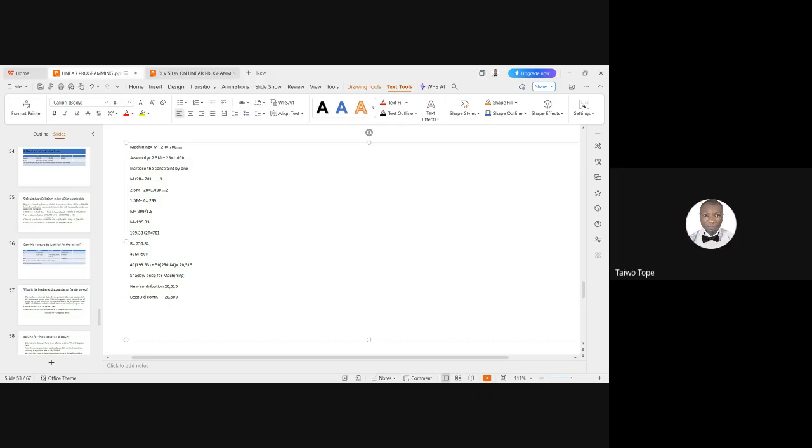That is the concept of shadow price, because it can be elaborated as if it's one very big thing. This is for machining. So for assembly. For assembling, can you quickly do that?